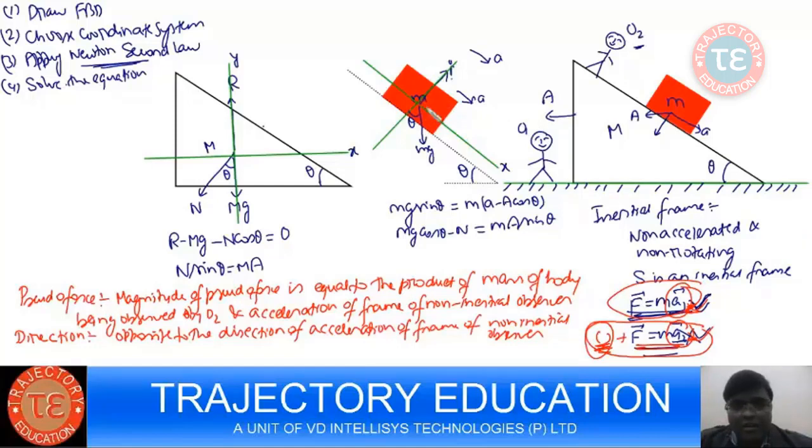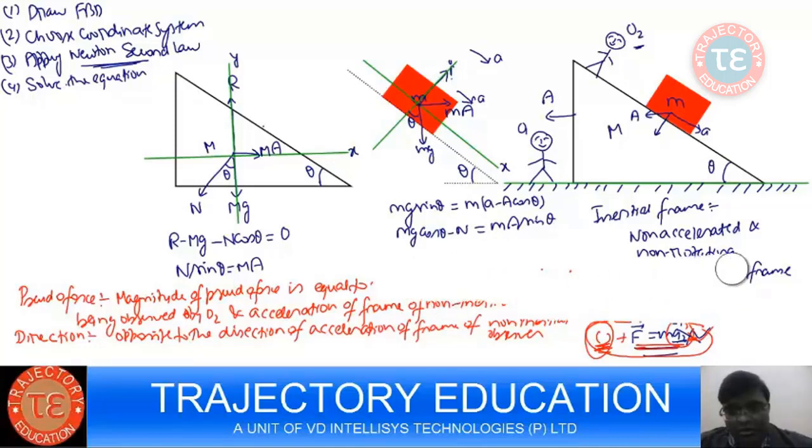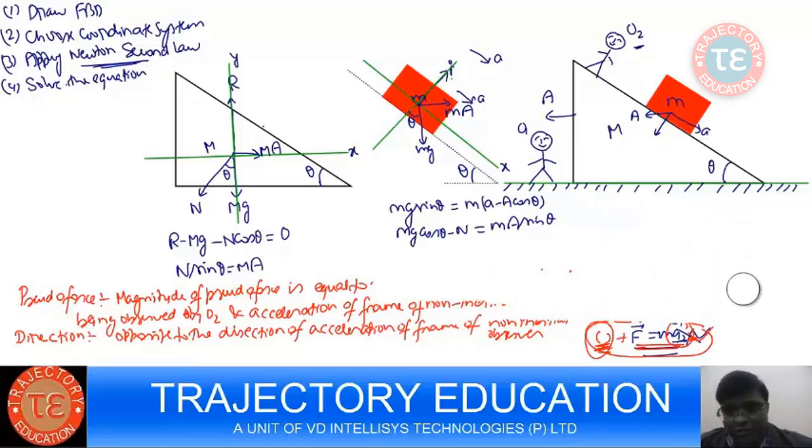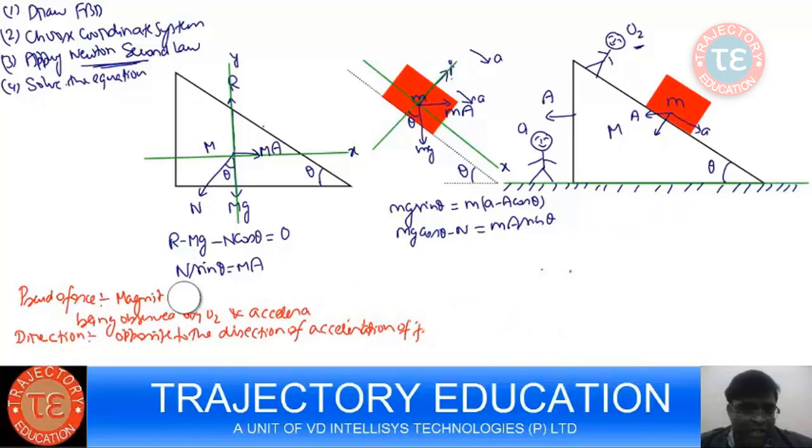So I'll apply the pseudo force towards right, that will be equal to the mass of the body and the acceleration of the frame of the non-S observer, that is m into capital A. Here also I can apply the pseudo force. Whichever body you want to write the equation for as per O2, you apply the pseudo force, and now you are in a position to correlate the observation made by O2 with respect to forces.